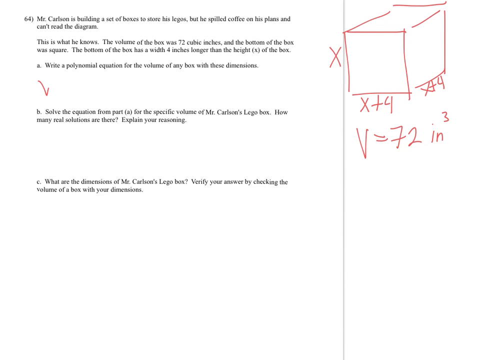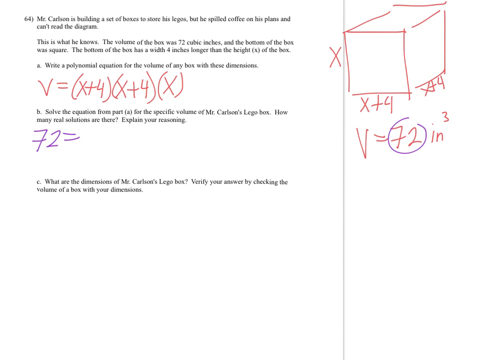I also know that volume is equal to the base, x plus 4, times the width, x plus 4, times the height of x. Hey, I just accidentally answered the first part of the problem. Solve the equation for the specific volume of Mr. Carlson's Lego box. So that's that 72 number.